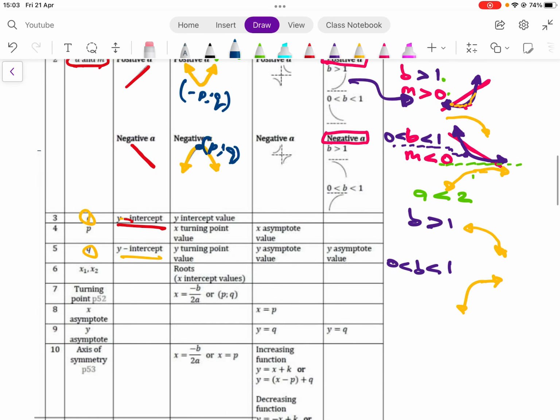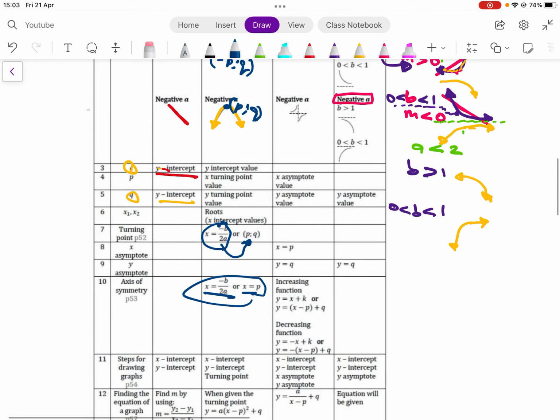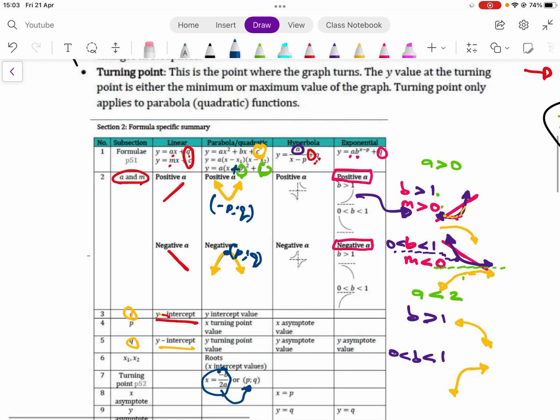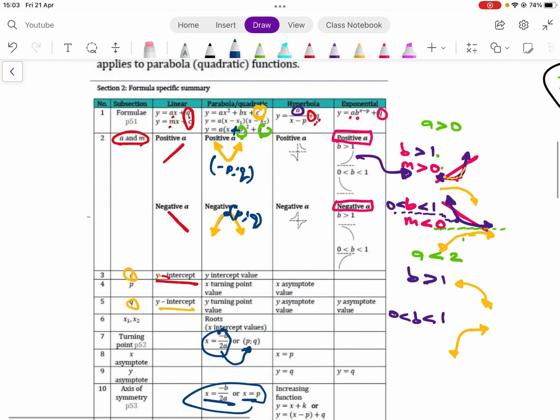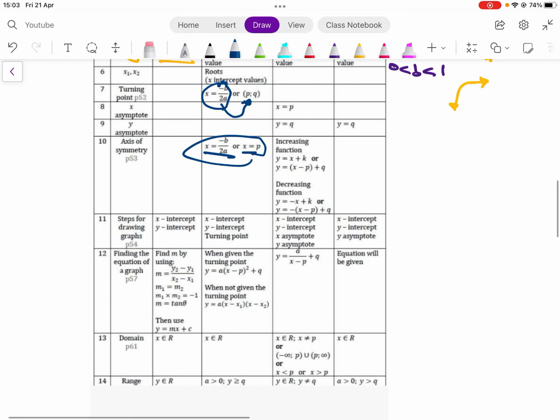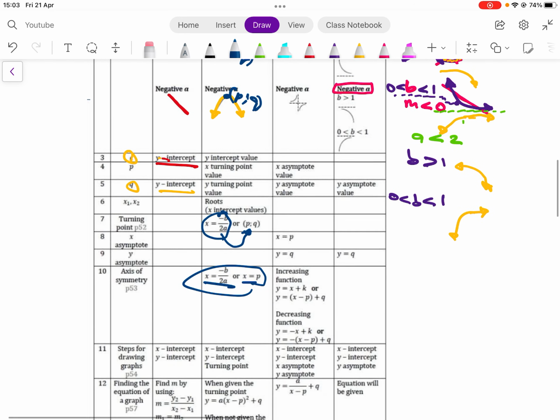Sometimes you can use this formula to calculate the axis of symmetry as well as the x-coordinate of the turning point. So as you can see, they are equal. And what else? X1 and X2, those are the x-intercepts. So as you can see, where is it demonstrated?